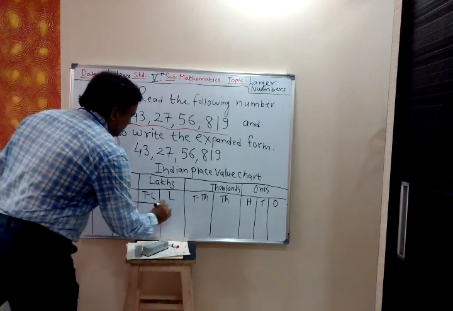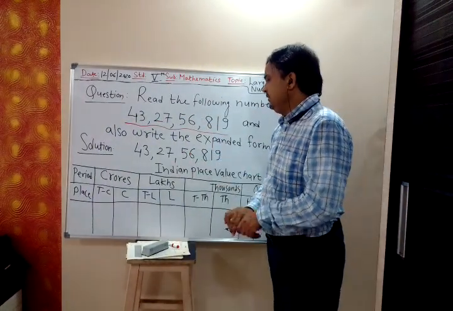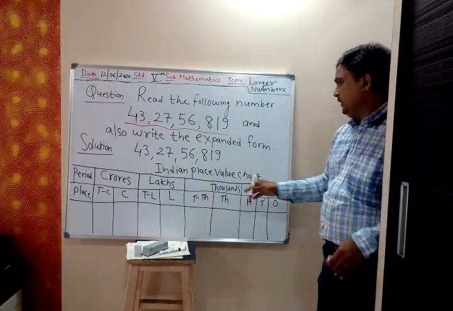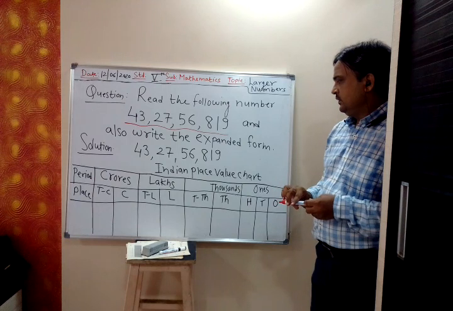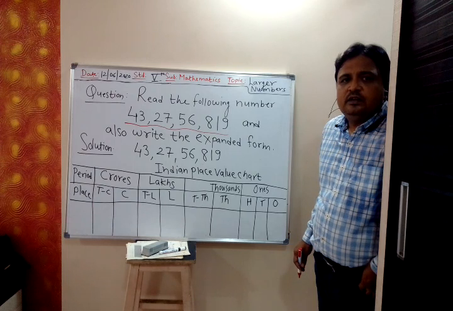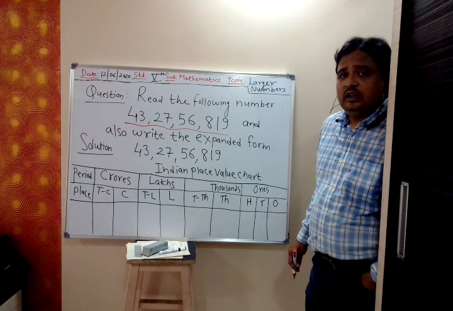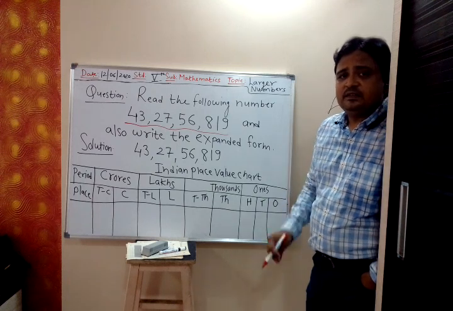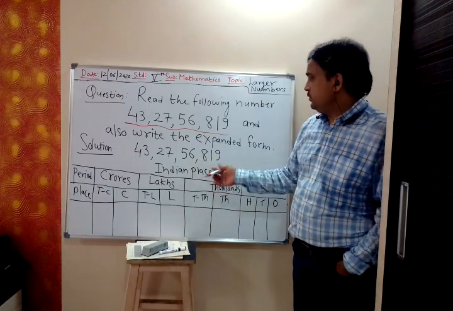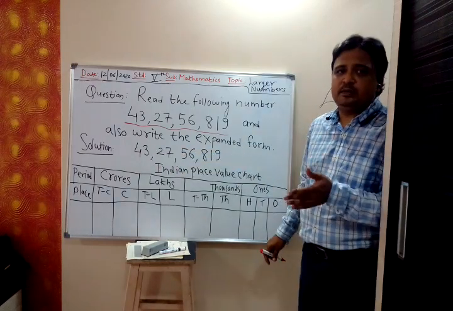Now I will place this number in the Indian place value chart. If there is one digit it is ones. It is divided into four groups: ones, thousands, lakhs, crores. So it is the Indian system of numeration.